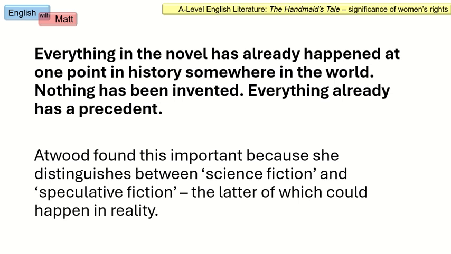She calls The Handmaid's Tale an example of speculative fiction because it is a possible future. It could happen. And that's why the novel is often called prophetic, because it seems to have predicted America's move back into this kind of religious right, totalitarianism, as has actually happened now in the 21st century, around 40 years after its publication.